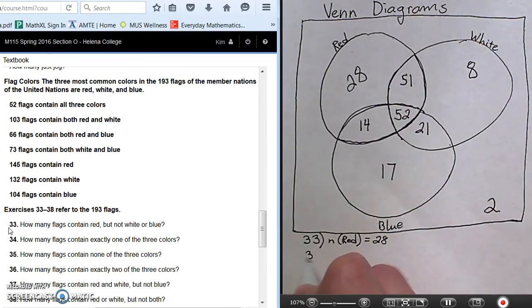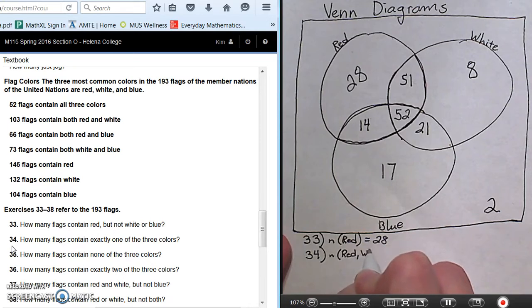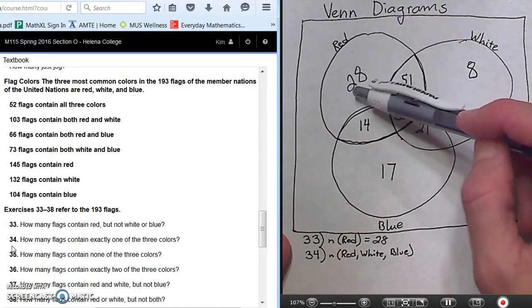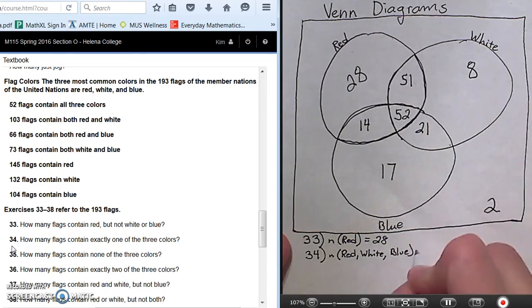Number 34. How many flags contain exactly one of the three colors? We want to know exactly those flags that contain only red, only white, or only blue. They don't contain other colors, so I would add 28, 8, and 17. Let's see, 28 plus 17 is 45, plus 8 is 53.